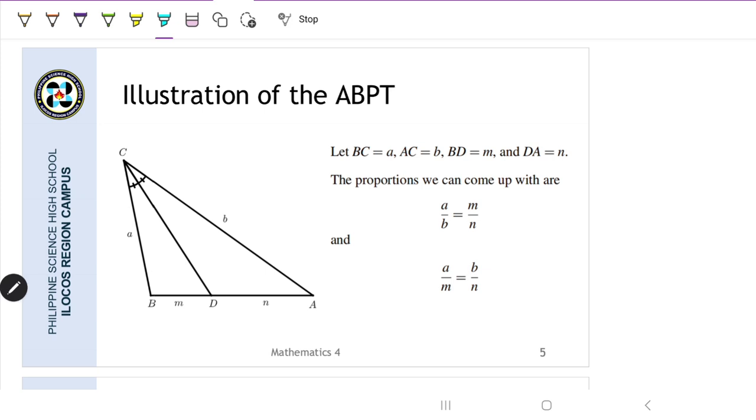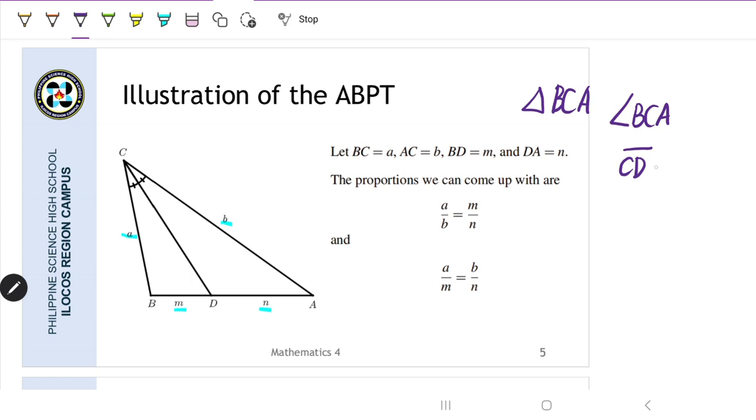So, using this figure as our guide, let BC equal a, AC equal b, BD equal m, and DA equal n. So, in this triangle BCA, angle BCA is bisected by segment CD.